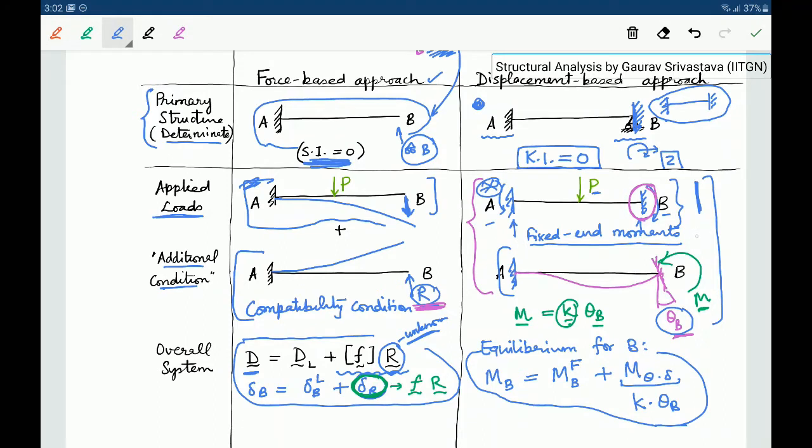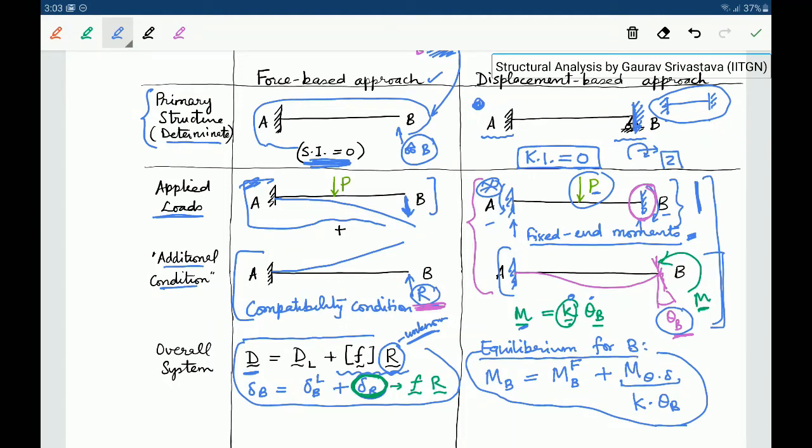Then we consider the primary structure with the applied loads, which gives us the fixed end moments, and then we allow all the fixed ends to move or rotate by the amounts that they would have actually rotated or moved in the original structure. All of that we write in terms of the unknown, which is the stiffness times the rotation.